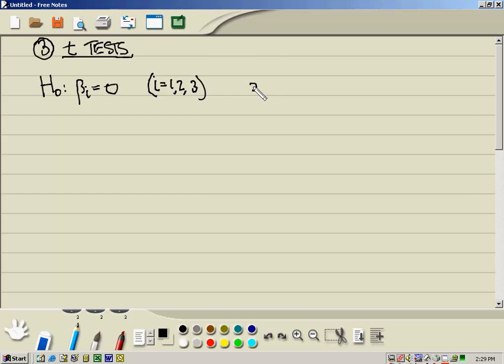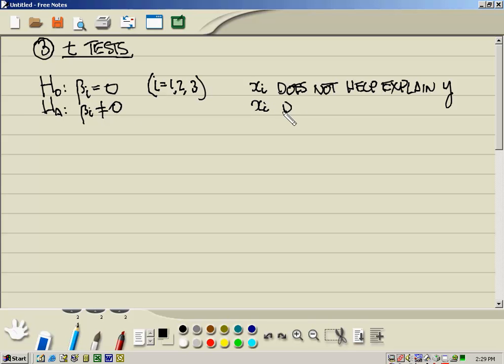That means that x sub i does not help explain the y. Alternatively, beta sub i, again 1, 2, or 3, is not 0, which means that x sub i does help explain y.